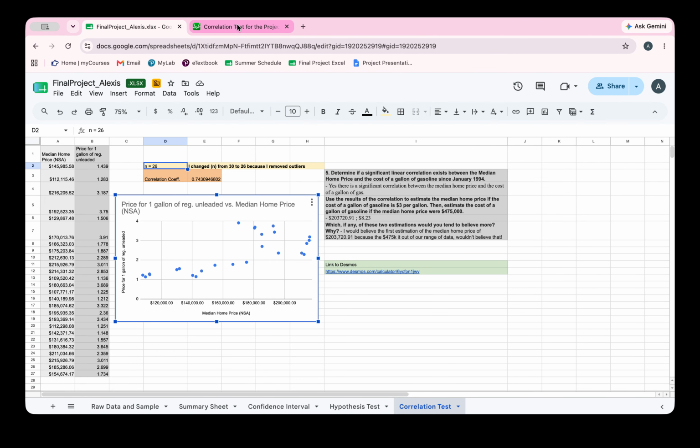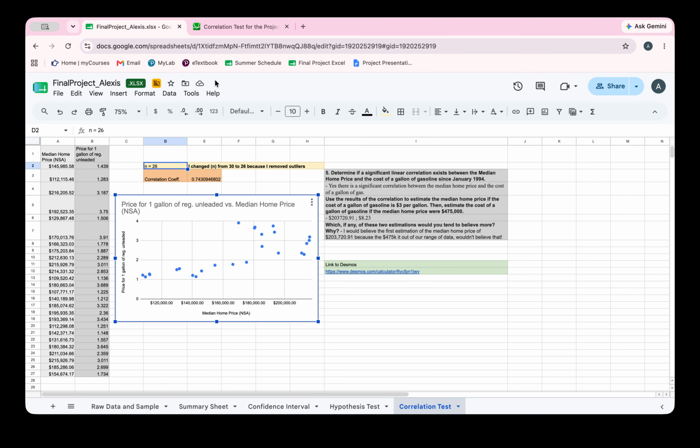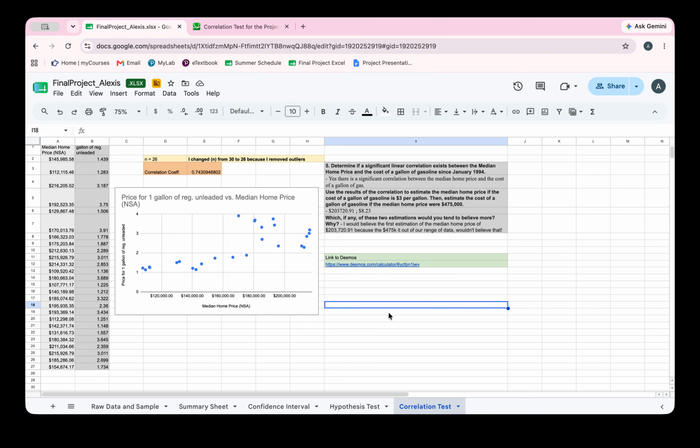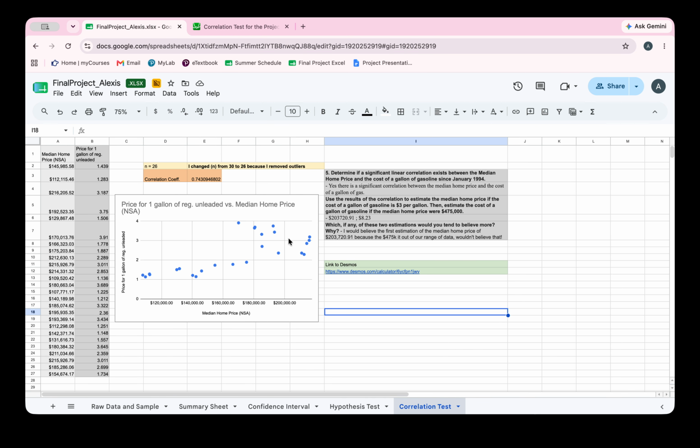And I will pull up my Desmos here so you can see. I guess I'll go back here for a minute and talk a bit more about this. So I assigned the cost of a gallon of gas as the X variable and the median home price as the Y variable. And as you can see, I have included the scatter plot, like I just said, displaying our linear regression here.